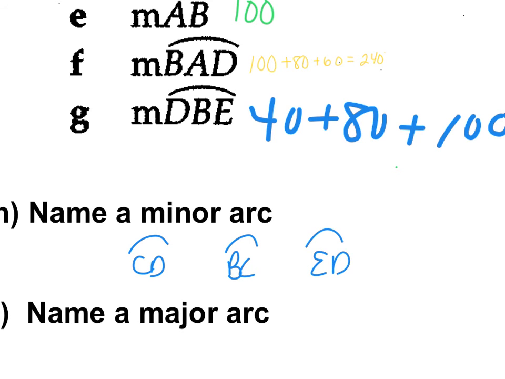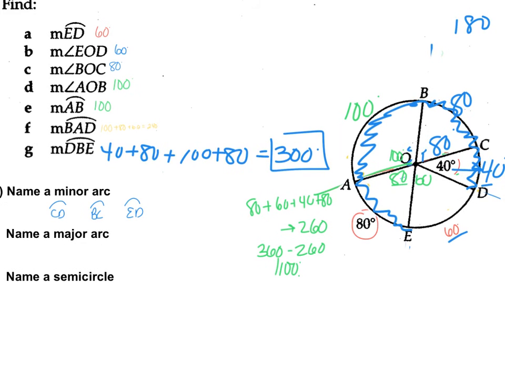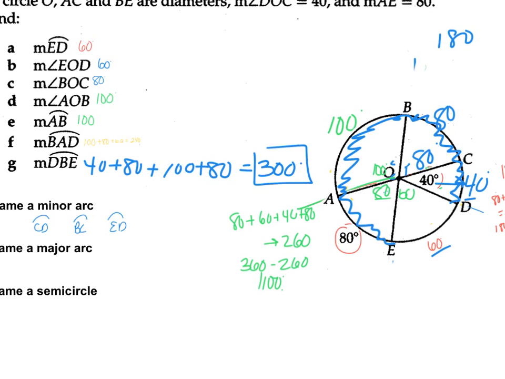And the reason why those are minor arcs is because, for instance, arc CD is only 40 degrees. Arc BC is only 80 degrees. Arc ED is only 60 degrees. You can find multiple examples as long as they're less than 180 degrees.